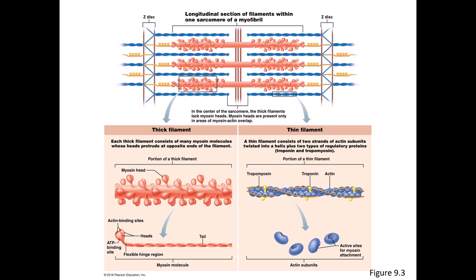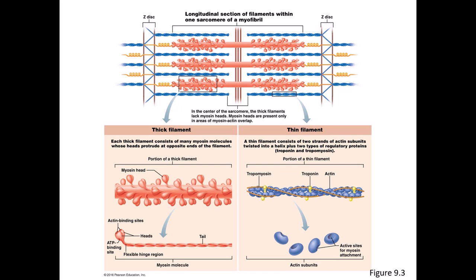The arrangement of the myosin molecule is that it has two heads, a hinge region connecting those heads to a tail region. So it's got two little heads connected at a hinge region to a tail. You can see the tail is where the two elongated portions of the molecule intertwine.